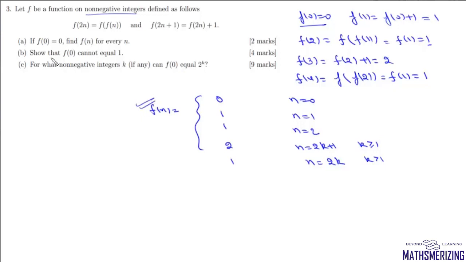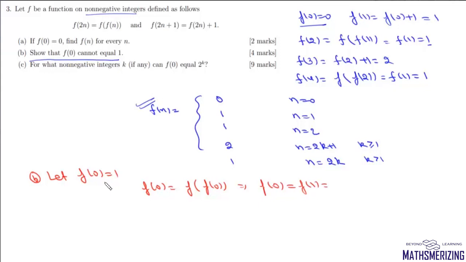Now part B, it says show that f0 cannot be 1. So we'll prove this by contradiction. We'll let f0 be equal to 1. So if I put n as 0, then we can write f0 is equal to f of f0, and the value of f0 is 1. So from here the value of f0 is equal to f1, and the value of f0 is simply 1.